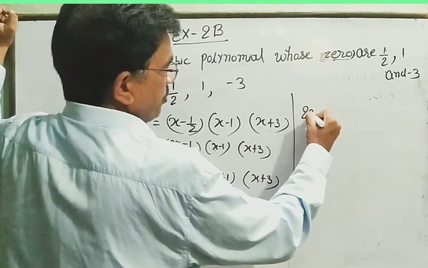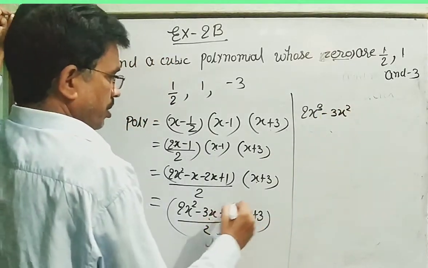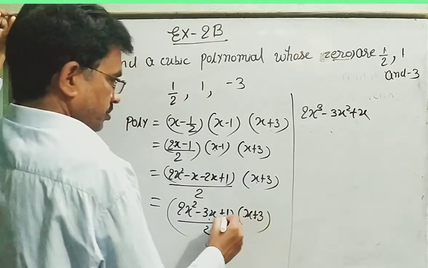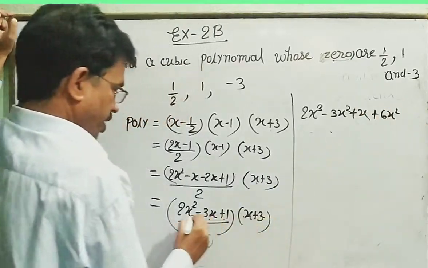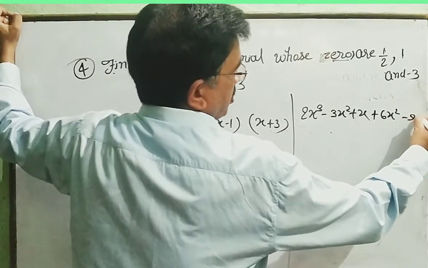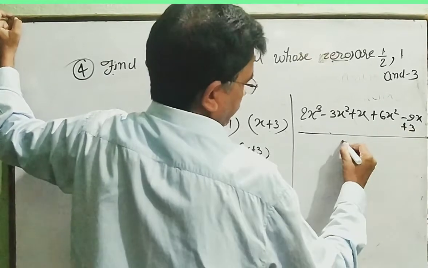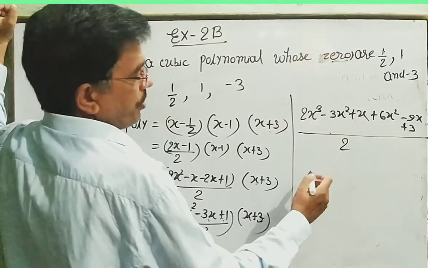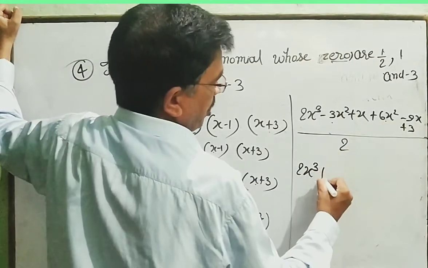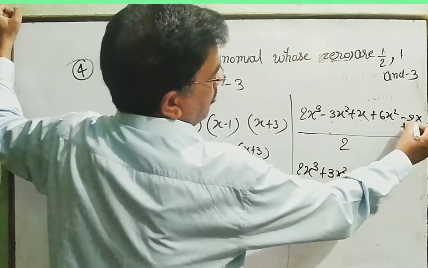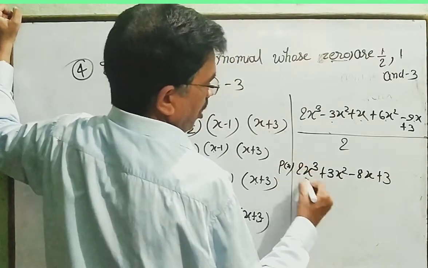You get 2x cube minus 3x square plus x, and 6x square minus 9x plus 3 by 2. These two are common, so remove from here. So what is remaining? You have 2x cube minus 3x square plus 6x square, that is 3x square, x minus 9x, that is minus 8x, and plus 3. It is the polynomial of cubic.